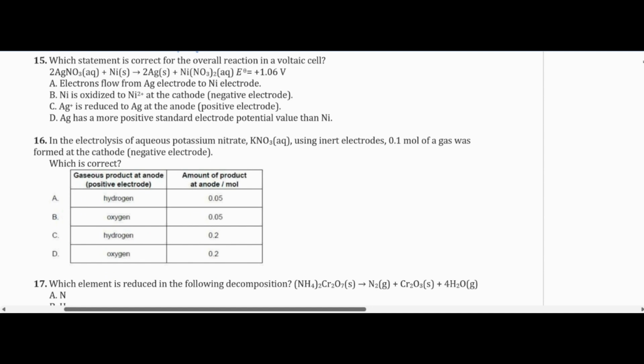15. Which statement is correct for the overall reaction in a voltaic cell? Because we can see that the nickel has displaced the silver, we know that nickel is more reactive than silver, which means the electrons can't be flowing from the silver to the nickel.